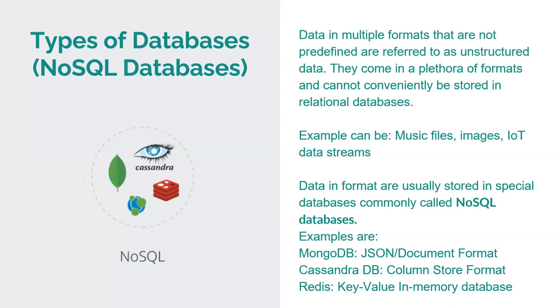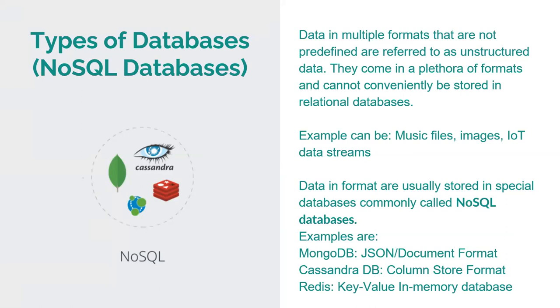You cannot store a music file in a tabular format. It comes in a different structure. Images come in a different structure. So this kind of data cannot be stored perfectly in an SQL or structured database. That's why you need another form of database which is called NoSQL, not only SQL.